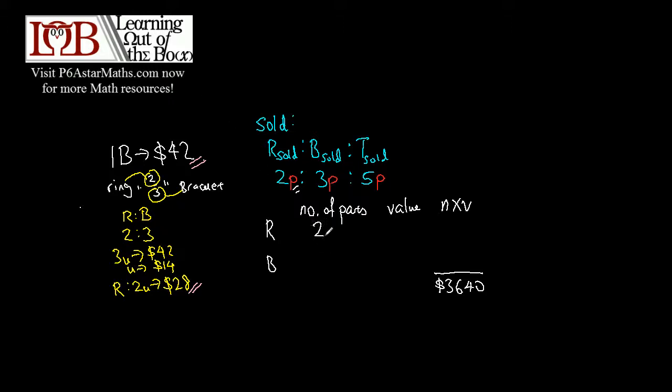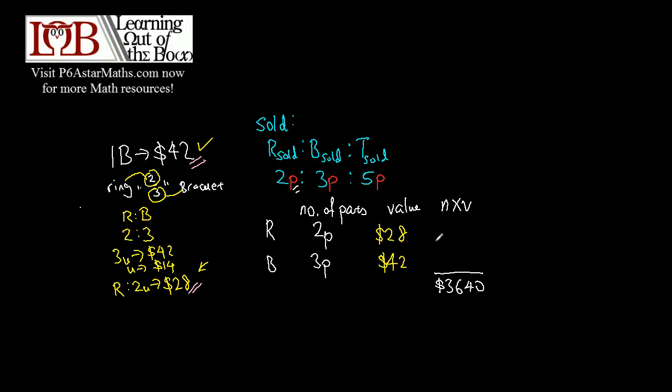Okay, 2 parts. Let's put 2p. And 3 parts of the bracelets are sold. And for the value, we know from here, which is given, $42. And for the ring here, $28.